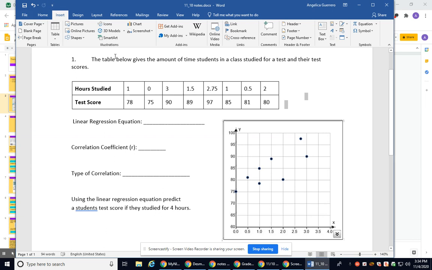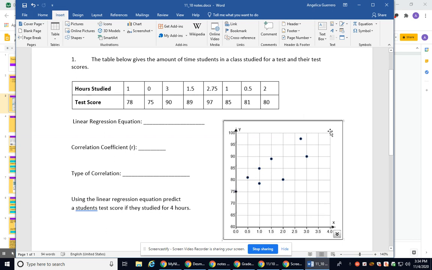So we are going to take this table, which represents the amount of time students in a class studied for a test and their test scores. So here my hours studied are my X's, my test scores are my Y values. So I can see here on the scatter plot where those points lie. They look a little further apart.